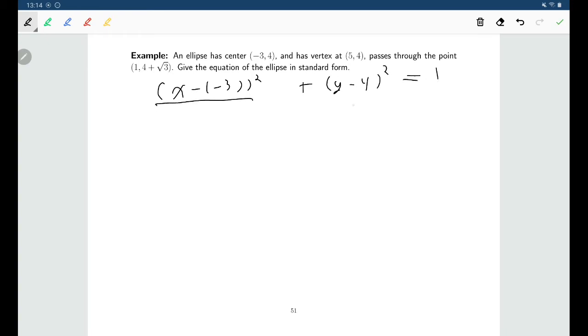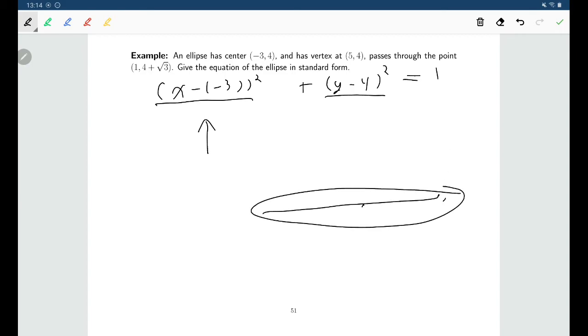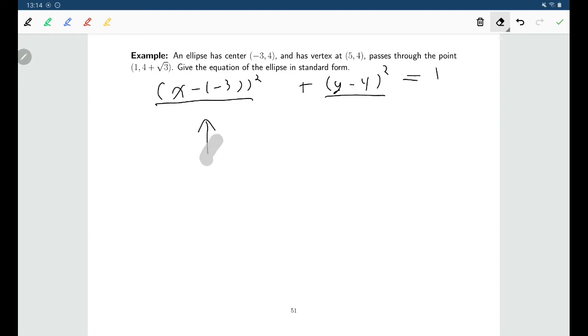And for the two terms, the one involving x and the one involving y, the larger denominator will be under the term involving the x's, because we had determined that the major axis is parallel to the x-axis. And we also figured out that from the center to the vertex it was 8 units, which means that the denominator here should be 8 squared.